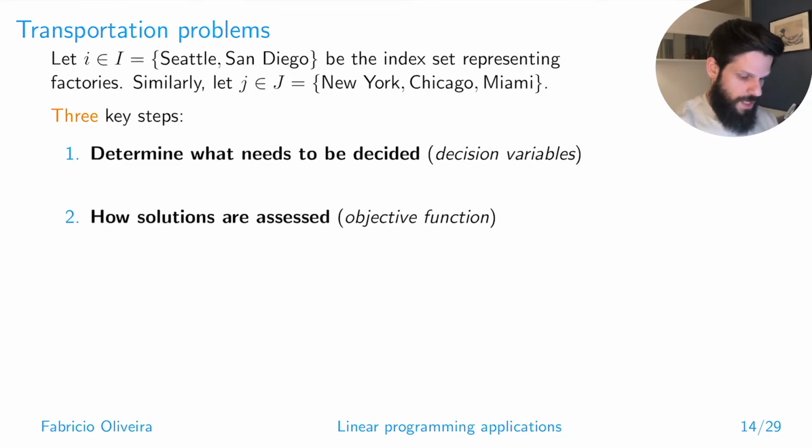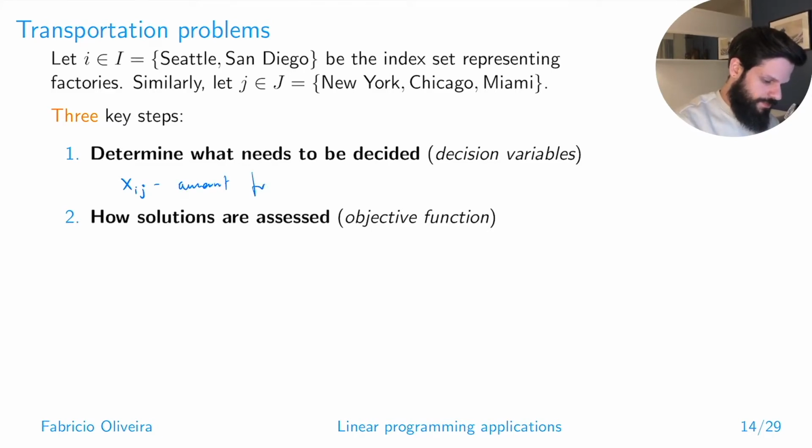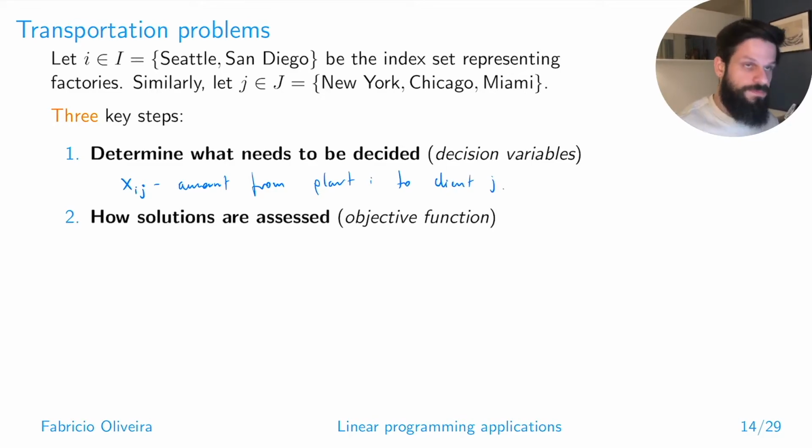In this case, my decisions are related to X, which is the amount of product I send from plant I to client J. So X_ij is the amount from plant I to client J. If I have 2 plants and 3 clients, I have 6 of those to decide.